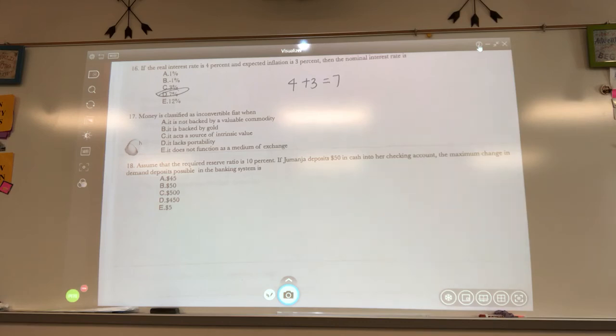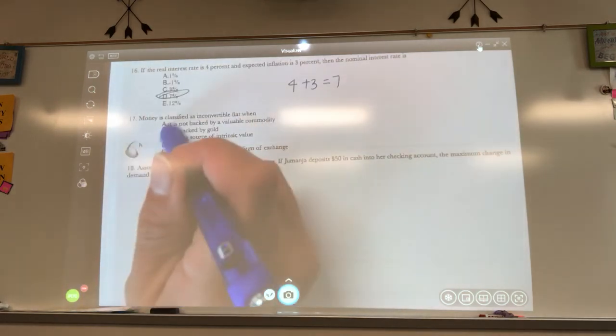I don't have a dollar today. Can I take that dollar up to the bank and be like, give me my gold? They're just gonna look at me like I'm crazy, right? So that's inconvertible. I cannot take my dollar up to the bank and ask for something. Can I take it up to the store and get something for it? Yes, but I can't take it up to the bank, right? So my money is classified as inconvertible fiat when it is not backed by any valuable commodity. There you go. Good thing it was A.